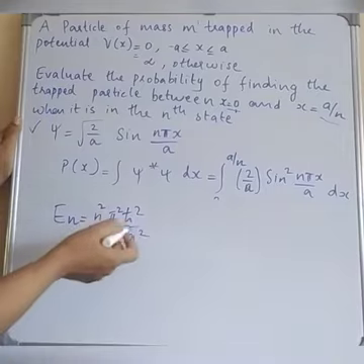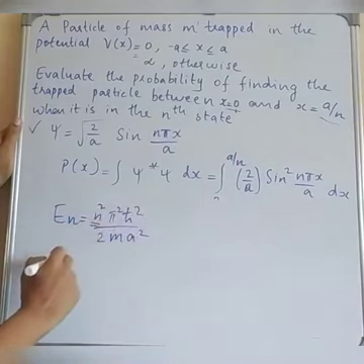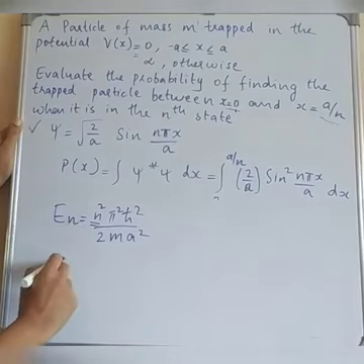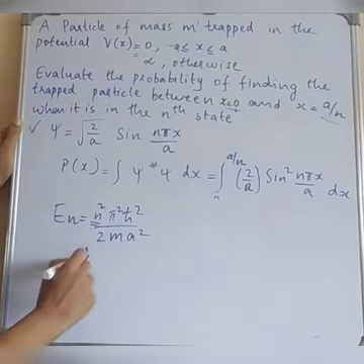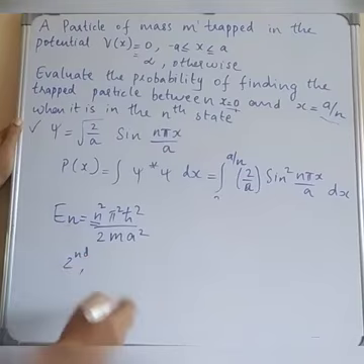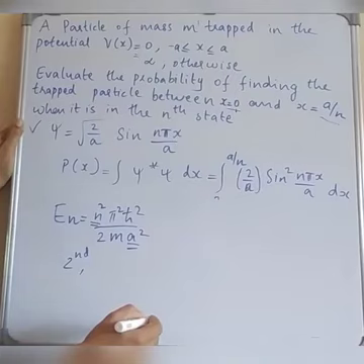So all the other values will be given, and it may also be mentioned that the particle is in a particular nth state, second or third, like that. Then you may be asked to find the width of the barrier also.